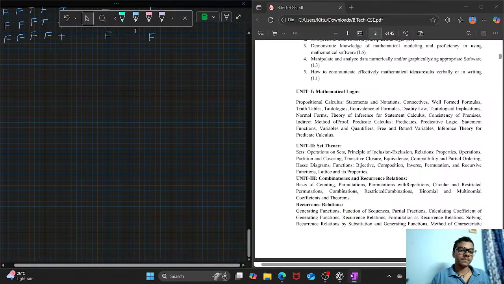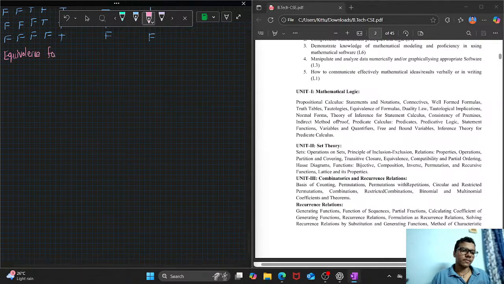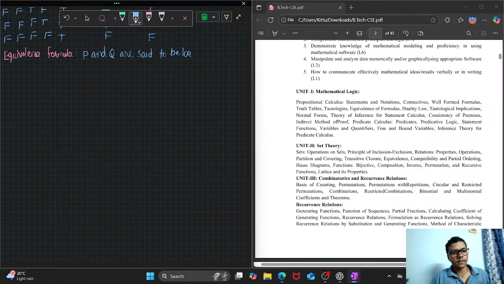So equivalence. P and Q are said to be logically equivalent if P implies Q, by implies, is a tautology.